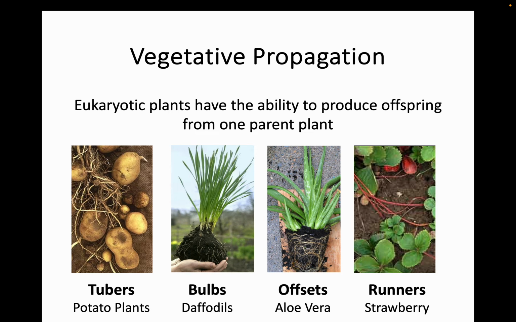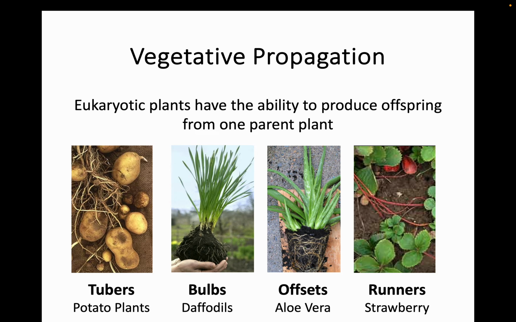But there's ways that plants can reproduce asexually. So you have vegetative propagation. You may have done some of this as an experiment. Going back, you might remember potato plants and other vegetables have tubers where they release these tubers underground. Each of these tubers can then produce its own tubers, and that's just a form of asexual reproduction.